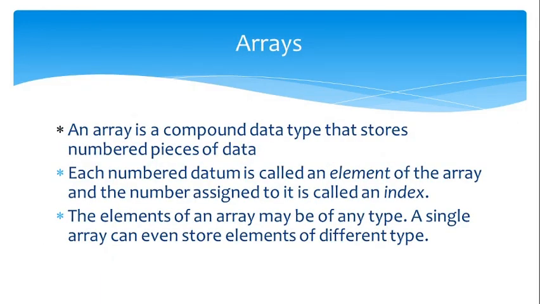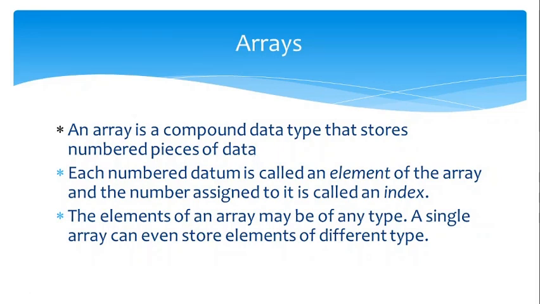Array. What is an array? In simple words, an array is a collection of the same data type to store pieces of data. An array is a compound data type that stores numbered pieces of data.